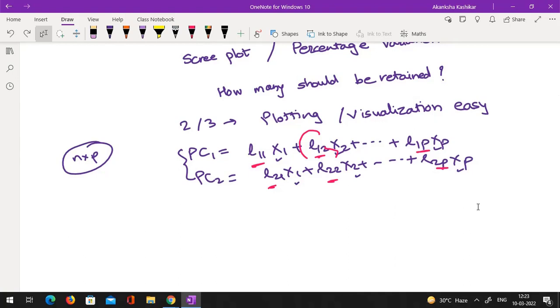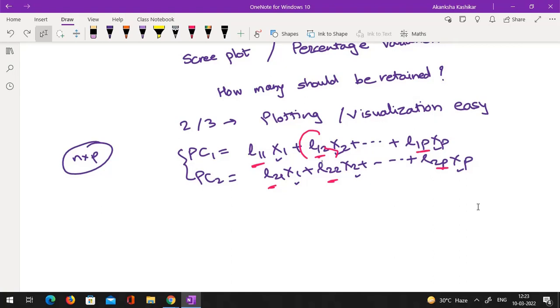So then I would say that probably second variable is one of the important variables. There is a small problem in this argument. Okay, we have to understand things in a more detailed manner.